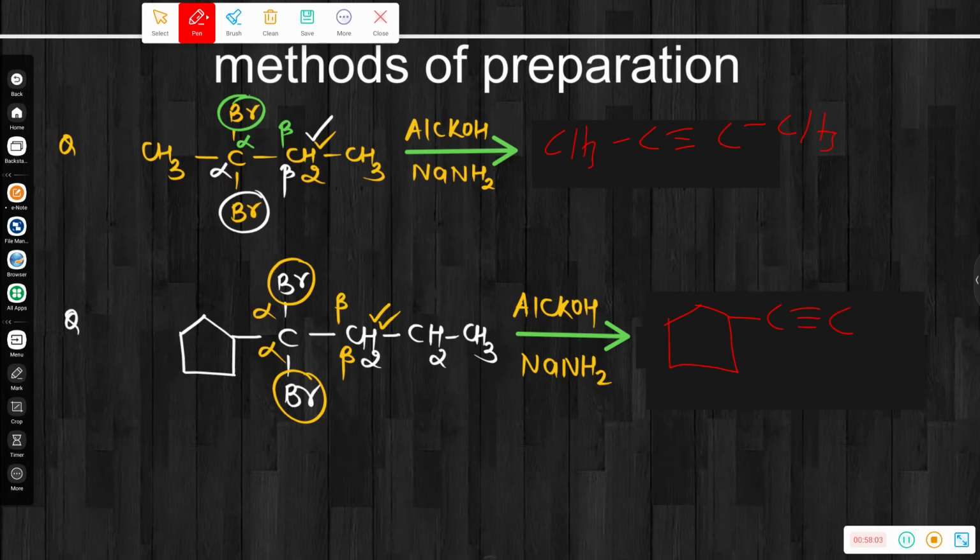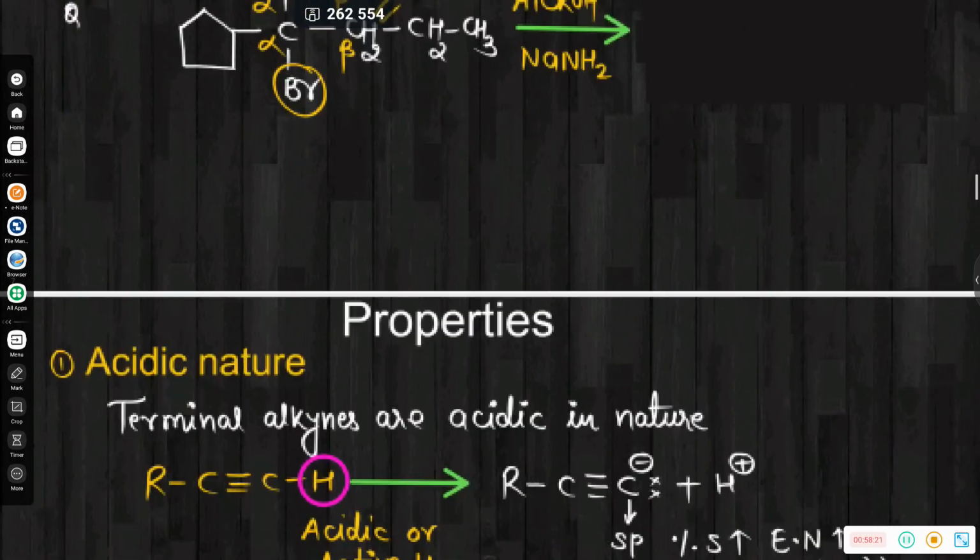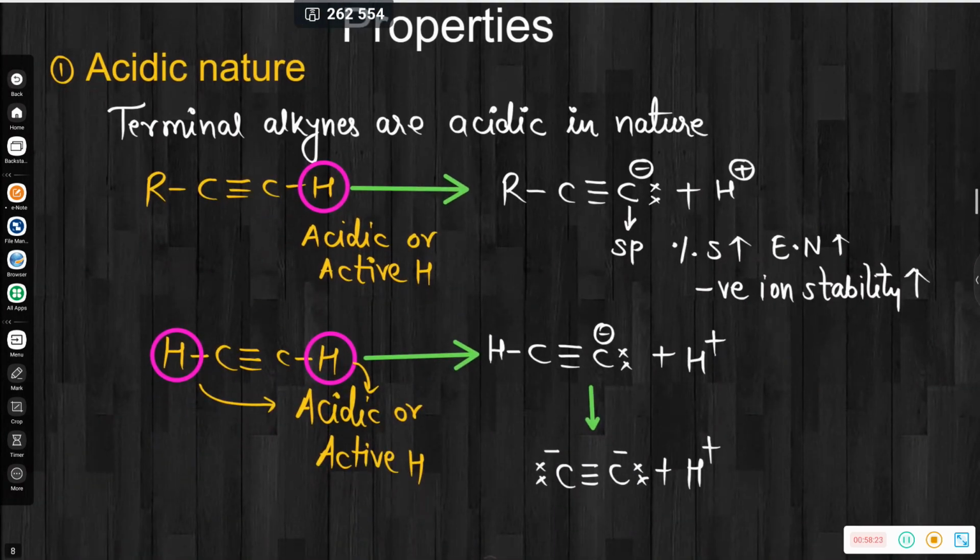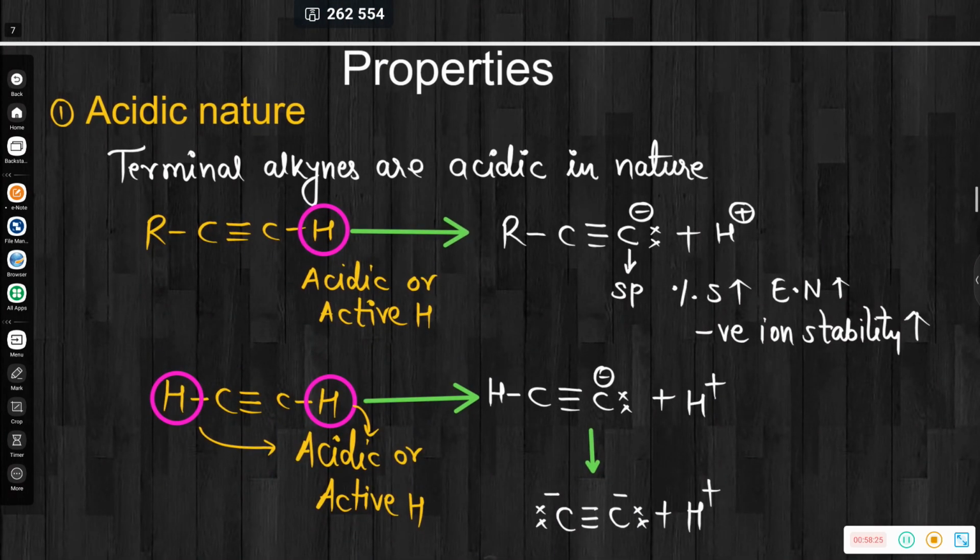C triple bond C, CH2, CH. Same there. One HBr removing, other HBr removing. Now OH. Next class I will explain.